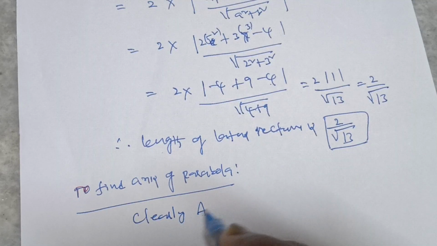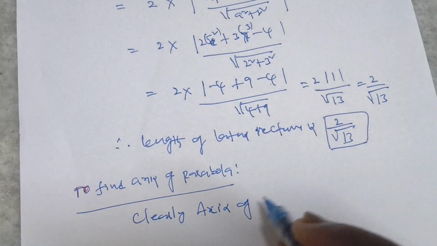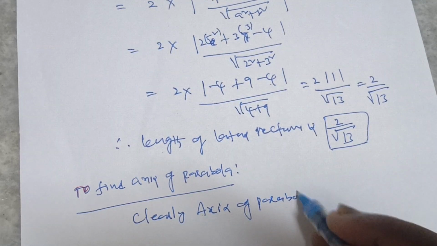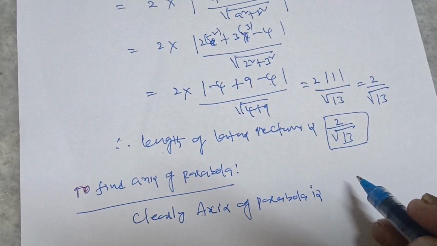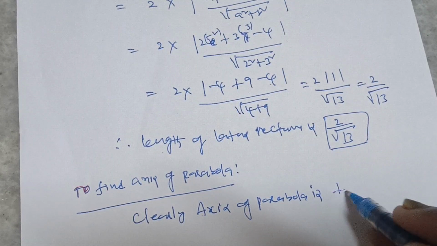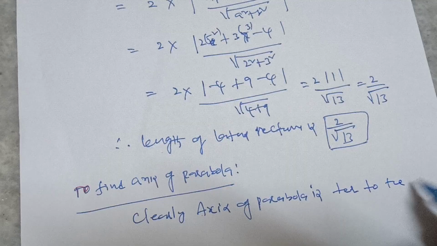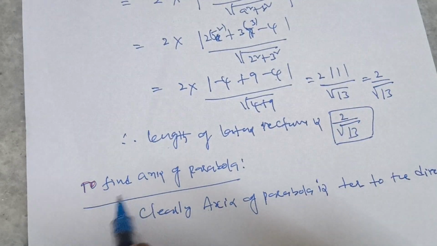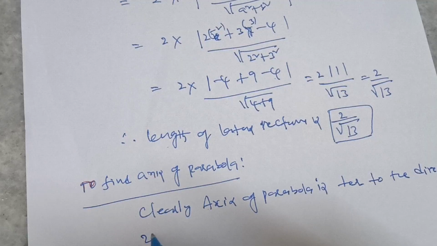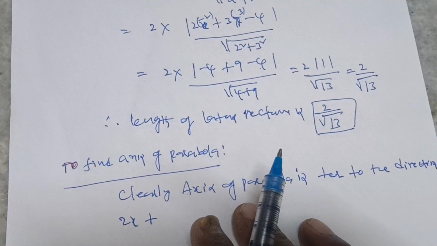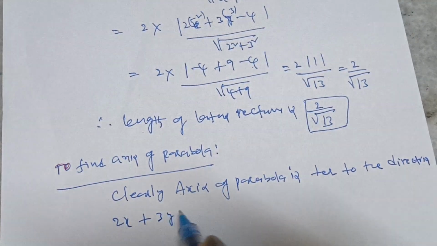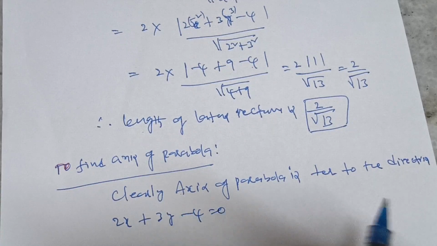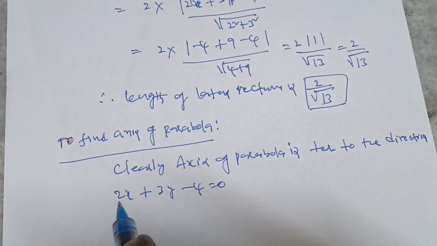Clearly, the axis of the parabola is perpendicular to the directrix, which is 2x plus 3y minus 4 equals 0.